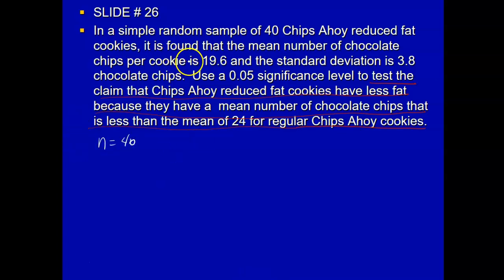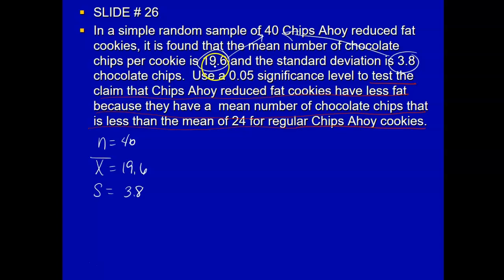Okay, so looking at this, we have a random sample of 40 Chips Ahoy reduced fat cookies. The mean number of chocolate chips per cookie is 19.6 and the standard deviation is 3.8. And again, both of these values are referring back to those 40 that are being studied. So they're not for chocolate chip cookies in general. They are for those specific 40 that are being studied there.